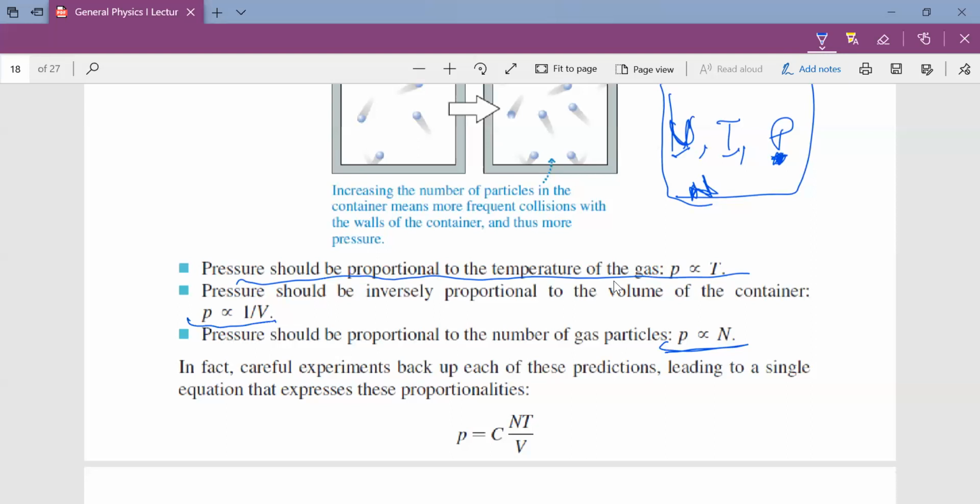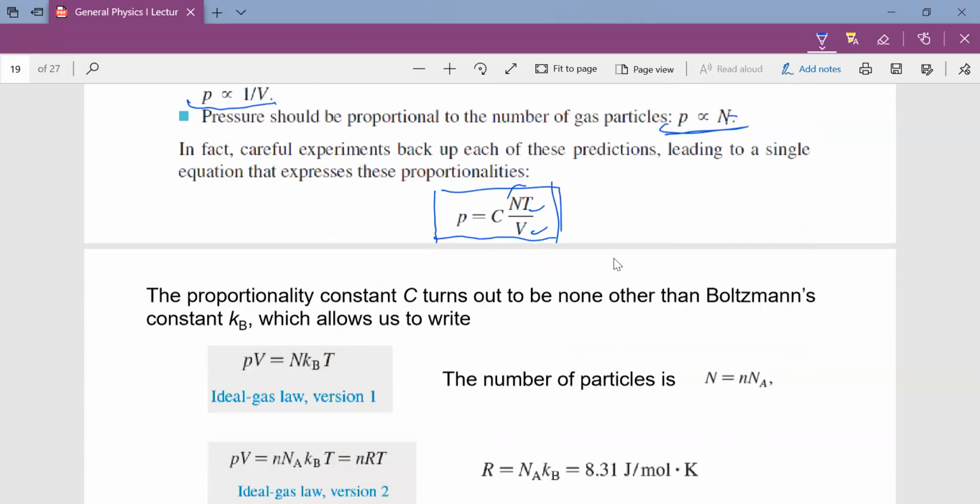Putting these three together, the pressure is directly proportional to T, inversely proportional to V, and directly proportional to the number of particles N, with C as a constant of proportionality. If you look at this expression, it looks like the expression we've seen before when we related temperature to kinetic energy and brought in the Boltzmann constant.